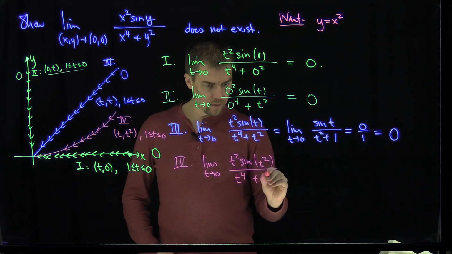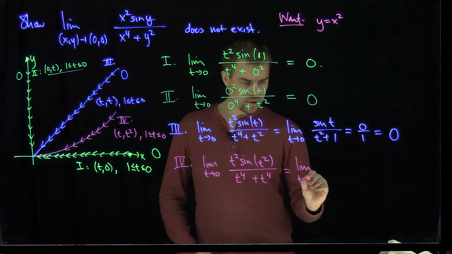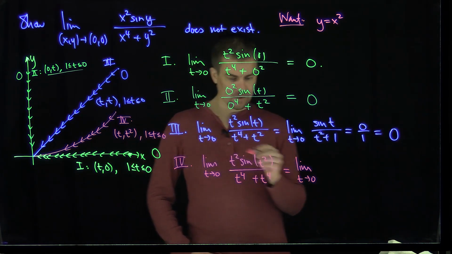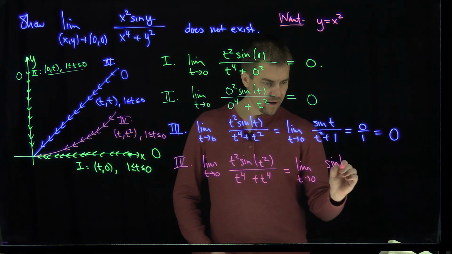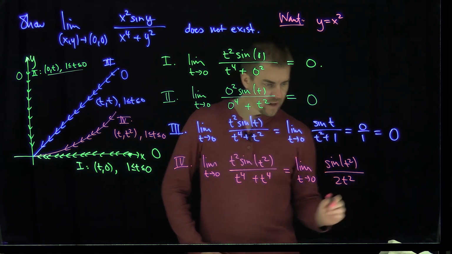That's going to be another t to the fourth. So I have 2t to the fourth. The numerator and denominator have a common factor of t squared, so I'll cancel the t squared. So I'm just going to have sine of t squared over 2t squared.